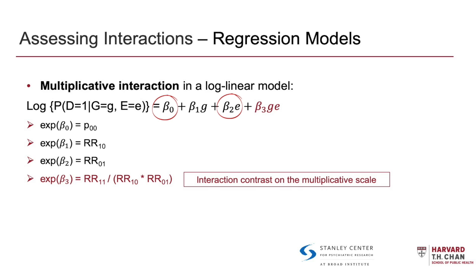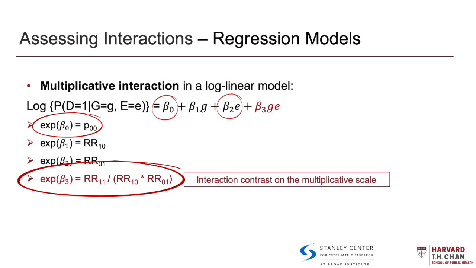We would describe the interaction on a multiplicative scale similar to what we have done earlier, which is RR11 in the presence of both exposures divided by the presence of each of the exposures, which can be calculated using the exponential function of the regression coefficient for each of the variables.